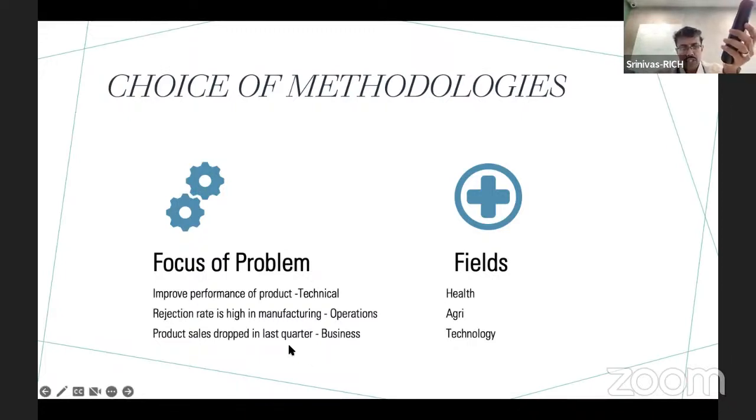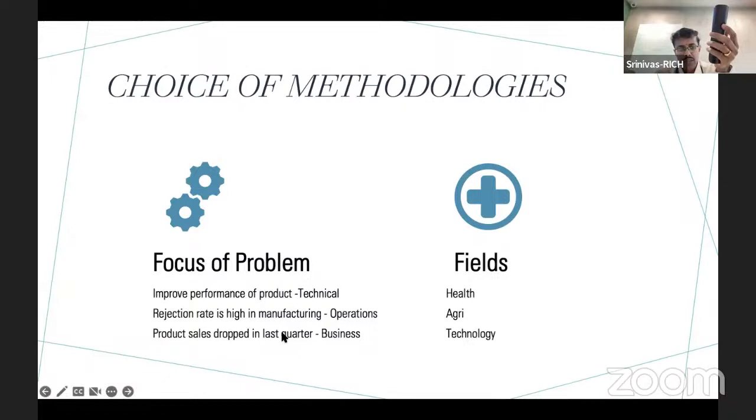So for instance, in the first case, you might apply QFD or AHP. In the second case, you might apply what we call a fishbone diagram, right? Wherein you look at man, material, methodology, and several other things for addressing the problem, right?